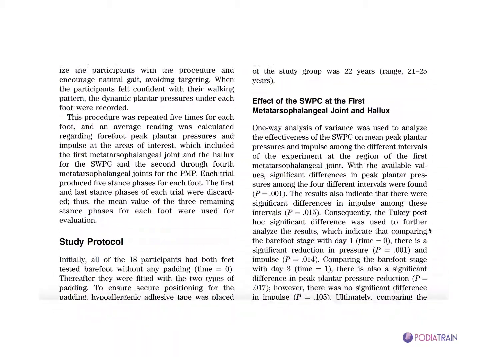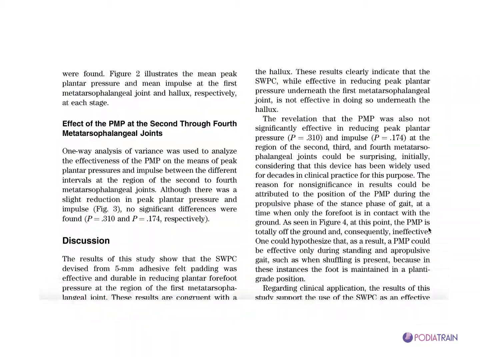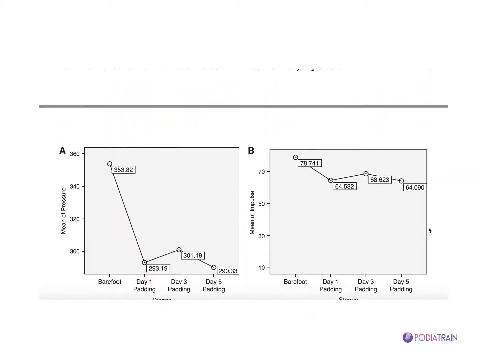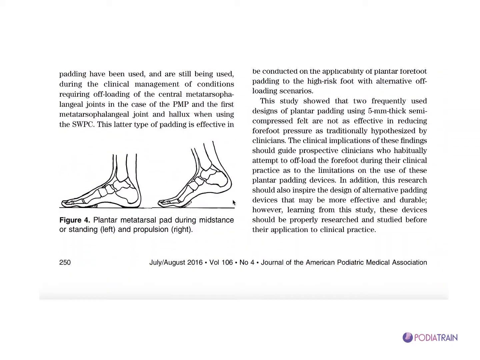And the results, as I can show you from this drawing here, is quite obvious now because during the propulsive phase of the gait cycle, the plantar metatarsal padding can be easily seen to be in a position in which the metatarsal heads are not being pushed up as we had originally thought.